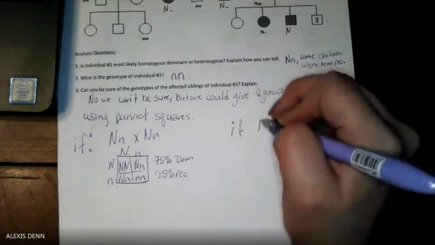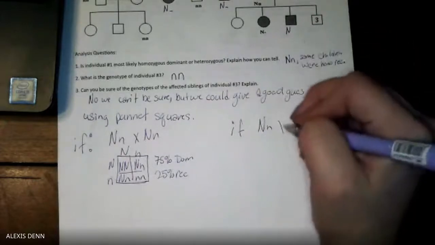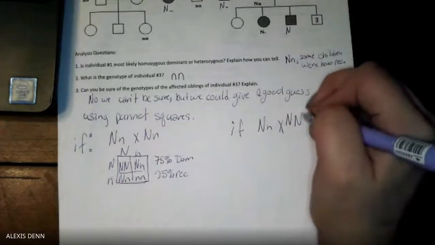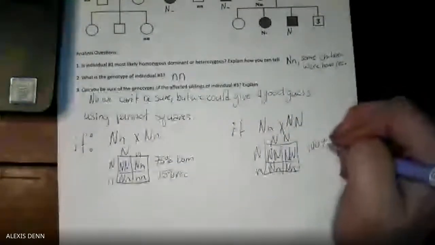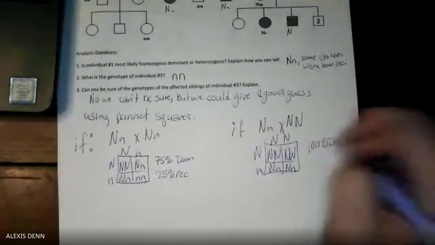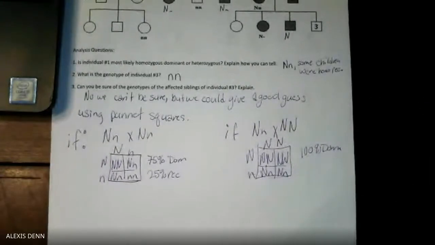And if one parent were heterozygous and the other one were homozygous dominant, we would end up with 100% of the offspring being the dominant phenotype. So things can happen, mutations can occur, whatever, but we're pretty sure that both of those parents are heterozygous.